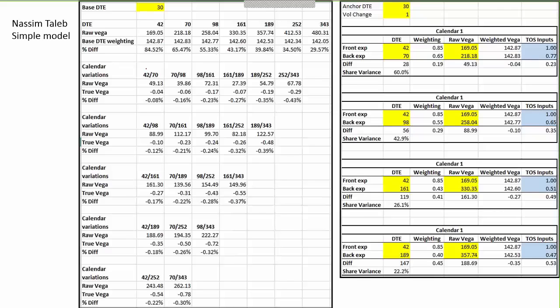Now, this section down here is I started having a look at variations of calendars. So over here we've got the 42 DTE versus the 70. So this means that our short would be in the 42 and our long is in 70. Okay? And over here you can see that I'm looking at expirations that are together, right?